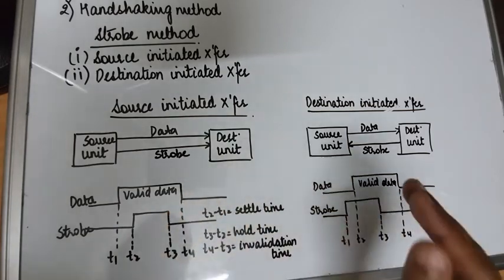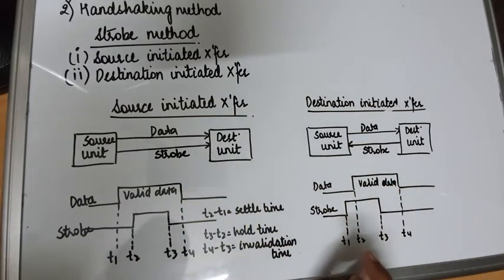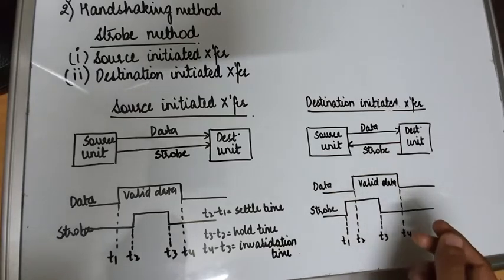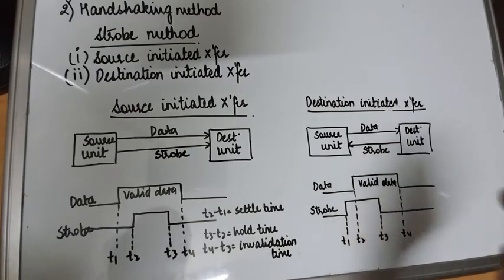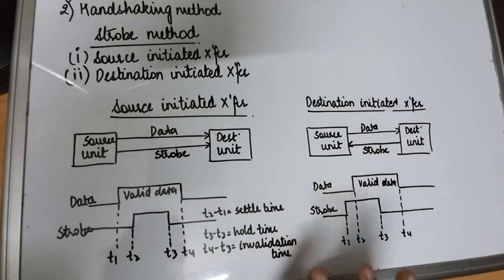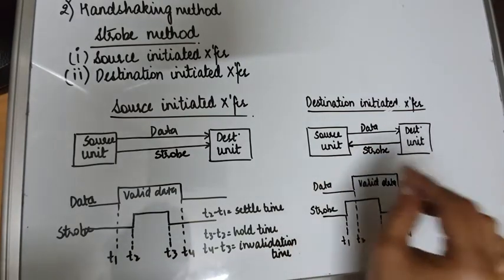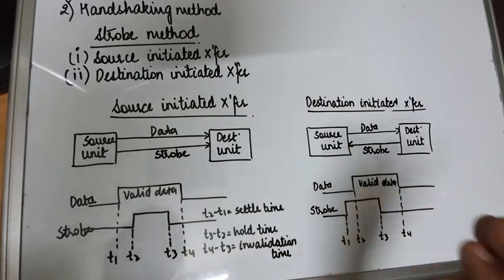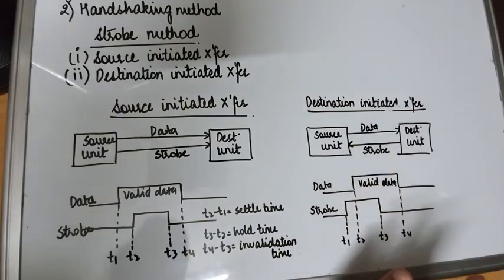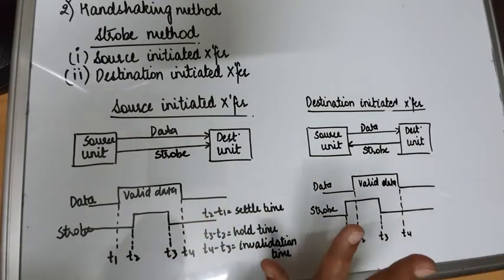During destination initiated data transfer, the destination unit asks for data from the source unit. It generates the strobe signal, disables the strobe signal, assumes that the source unit would have put data on the data bus, and reads the data from the data bus. But there is no confirmation from the source unit.